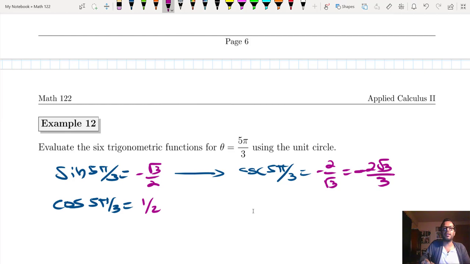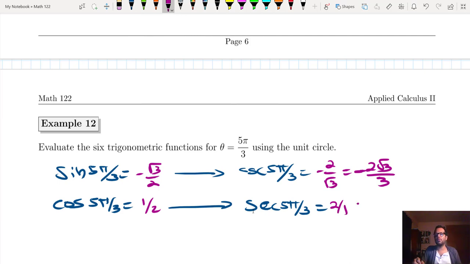You know how we did it on the previous pages, right? And then we're given cosine, therefore we can find secant by just finding its reciprocal, right? Which is just 2 over 1, because cosine is 1 over 2. Its reciprocal must be 2 over 1, which is just 2. Okay.